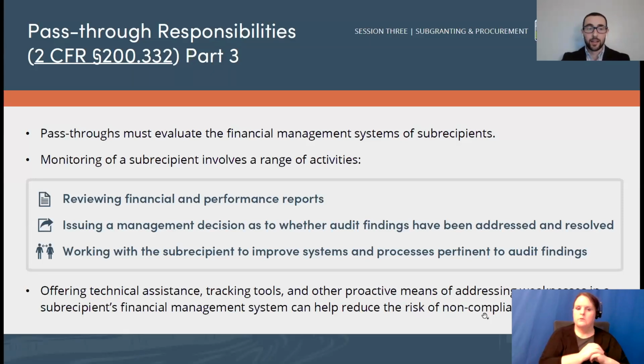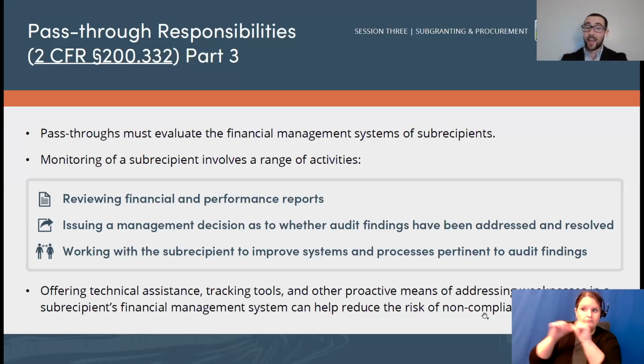The pass-through entity also needs to issue a management decision as to whether prior audit findings have been addressed and resolved. So if the subrecipient did undergo a single audit in the past, and there were any significant findings there, the pass-through entity needs to determine whether they've been addressed and resolved.